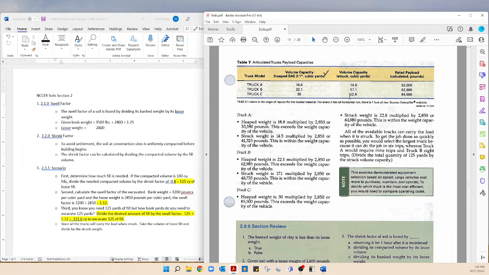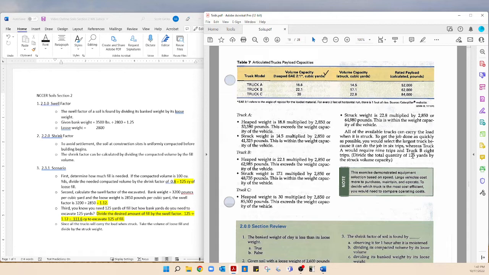It's just telling you that if you have 2850, if you go back to the excavation weight of the soil, let's read it to make sure. So truck A, the struck weight is this. All of the available trucks can carry the load when struck. To get the job done as quickly as possible, you would select the largest truck. That's the answer, I think.